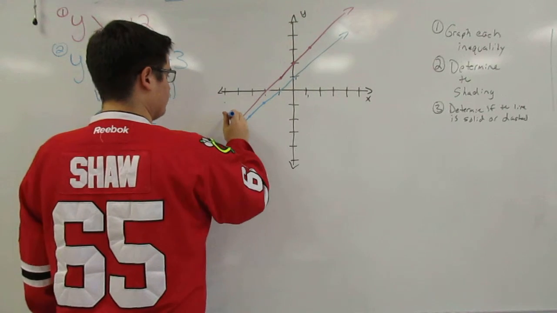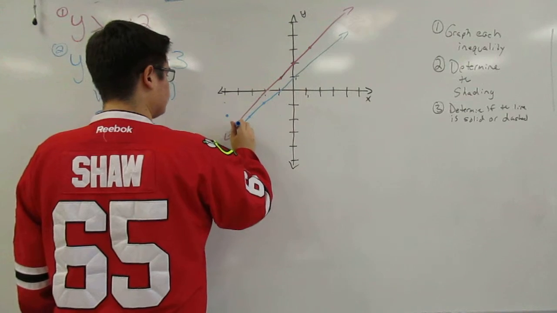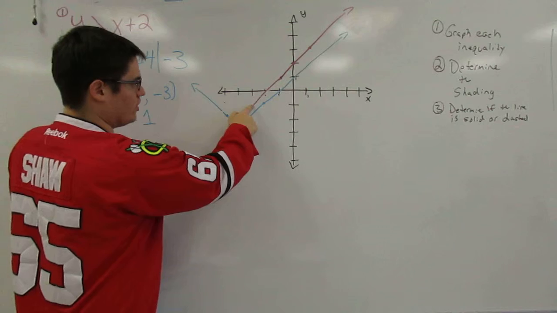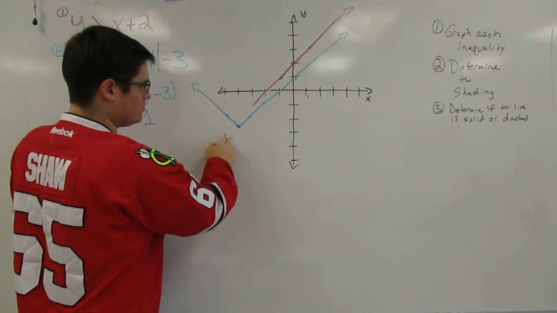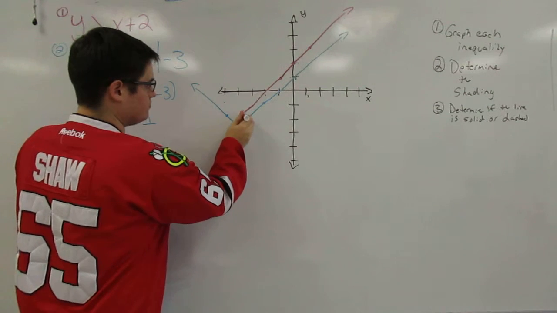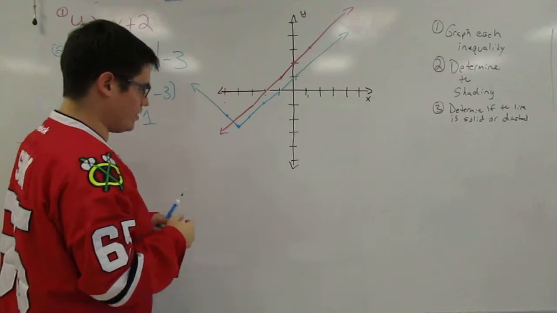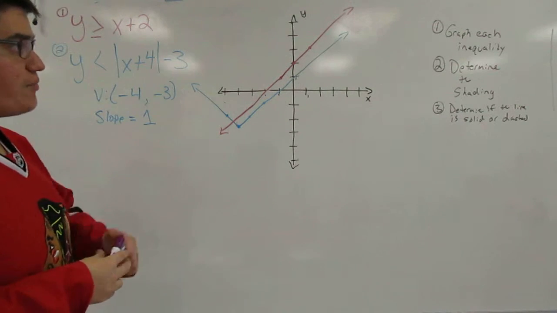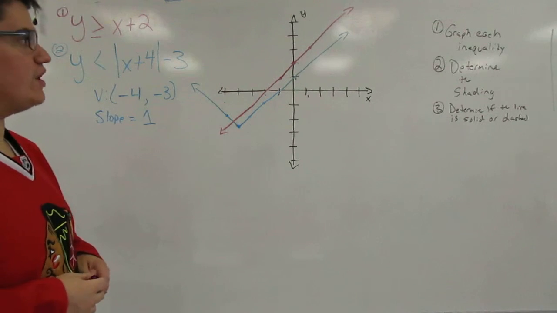And then the same thing here. What's kind of important is to make sure we do draw accurate graphs. These are kind of parallel. Okay, there we go. Okay. Step 1 is done. We graphed each inequality. Life is good.